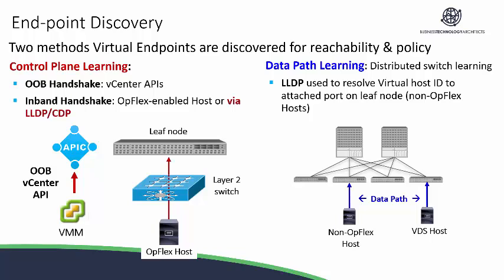There's an in-band handshake where the host is OpFlex enabled, or via LLDP or CDP. We all know that the ACI fabric runs LLDP. You can also enable CDP. Data path learning is distributed switch learning. LLDP is used to resolve the virtual host ID to the attached port on a leaf node for non-OpFlex hosts, and the in-band handshake for LLDP and CDP is for OpFlex-enabled hosts.